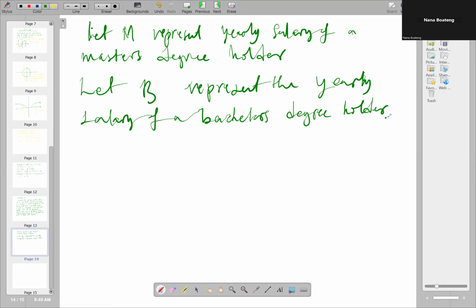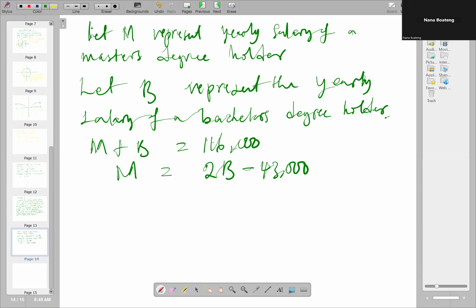We are told that their combined income is $116,000. So M plus B is equal to 116,000. We are also told that the master's degree's income is 43,000 less than double the bachelor's degree's income. So M is 2 times B minus 43,000.